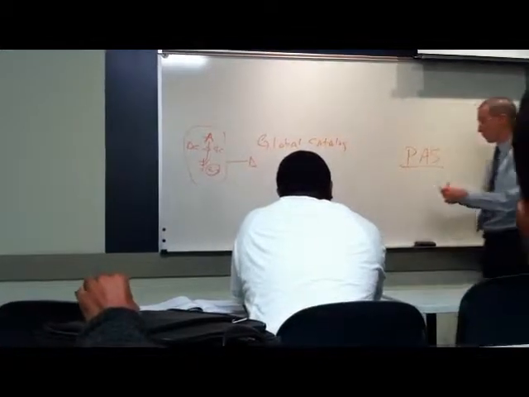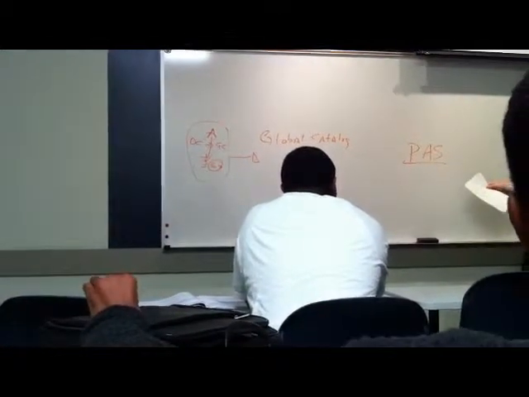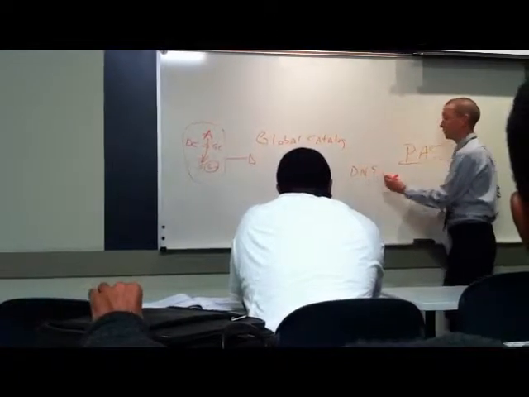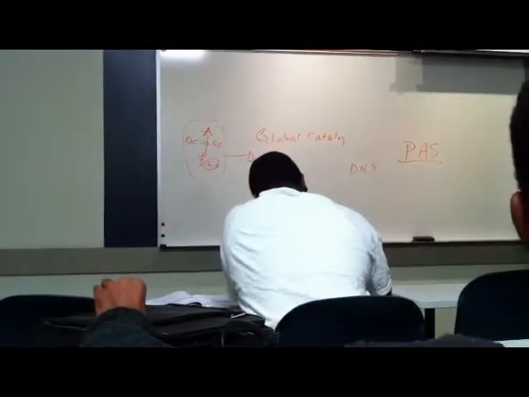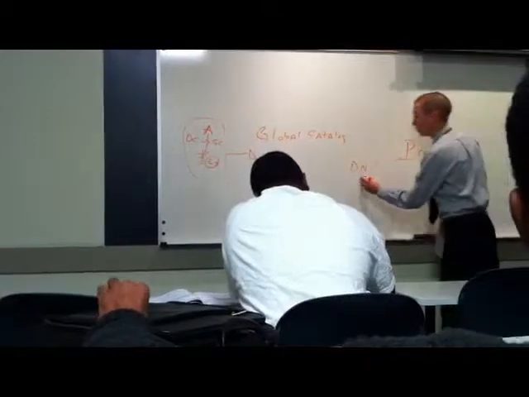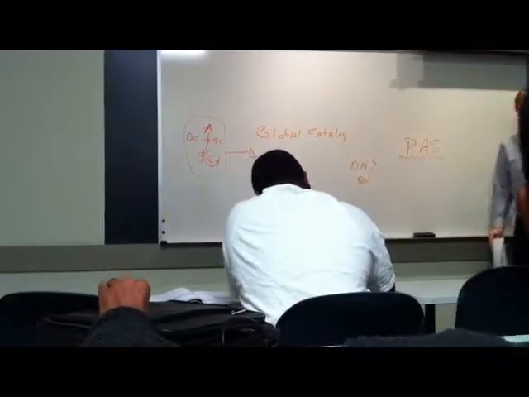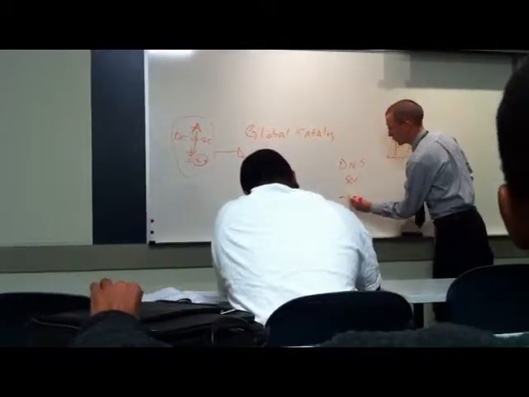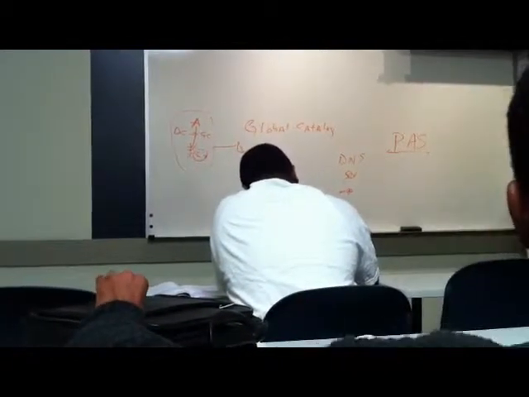Global catalog, and the way we find it is we query DNS, right? We talk to DNS, and we get a service record. Remember service records? And the service record is underscore GC is what we query for.